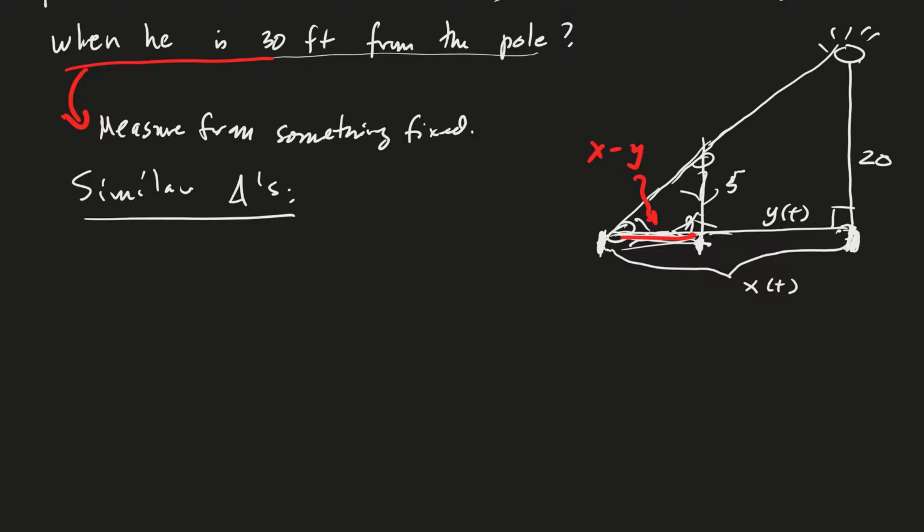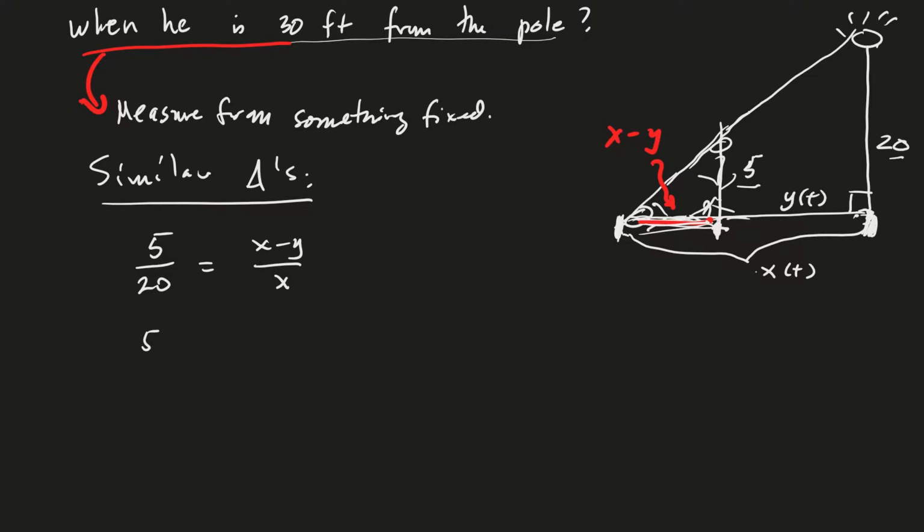So let's go ahead and write that down then. 5 is to 20 as what is to what? I think we see it must be x minus y is to x, right? Good. All right. So that means that 5x is equal to 20 times x minus y, right? Which is 20x minus 20y. Good.